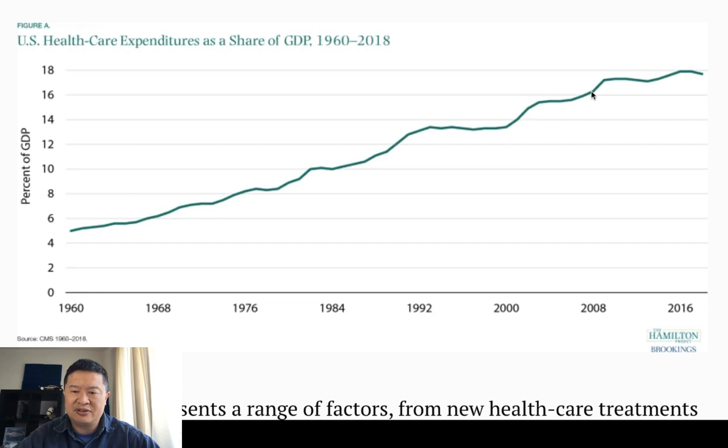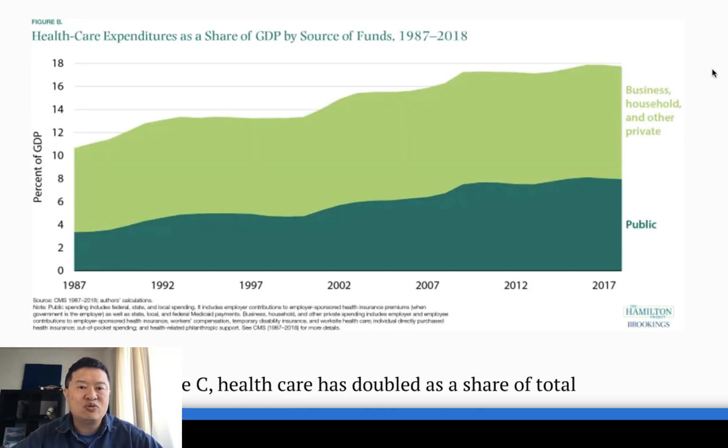In the late 2007, early 2008 was pretty bad. But even in those best times, it was still a very large chunk of our overall national spending. Now, when you break down who's paying for it, part of it is public spending. So public spending went from about 3% of GDP to now close to 7%.